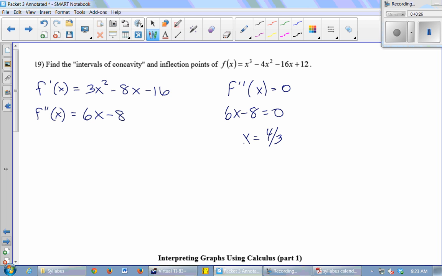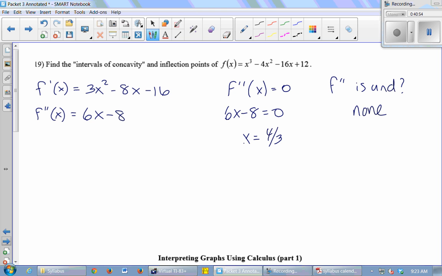That is a potential place where we could change concavity. Is there any place where f double prime is undefined? No. It's good to not forget about the undefined, though.